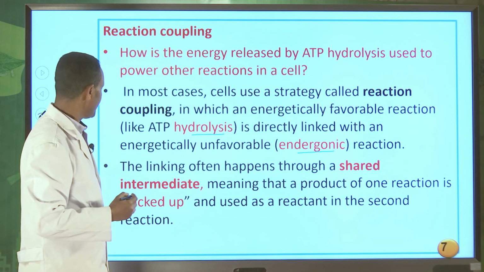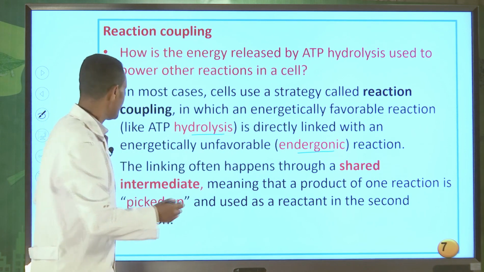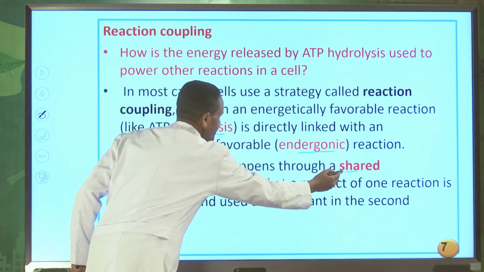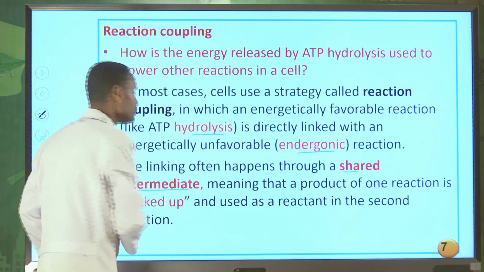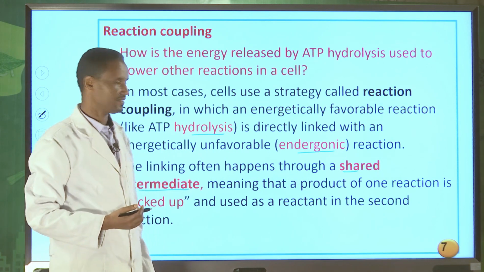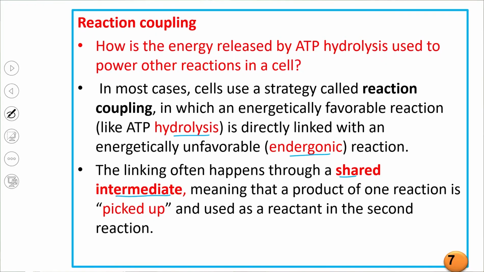And the link often happens through shared intermediates. In a coupled reaction, there should be a shared intermediate, meaning that the product of one reaction is picked up and used as the reactant for the second reaction.